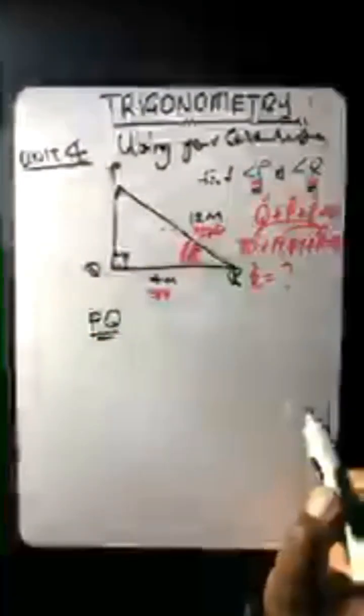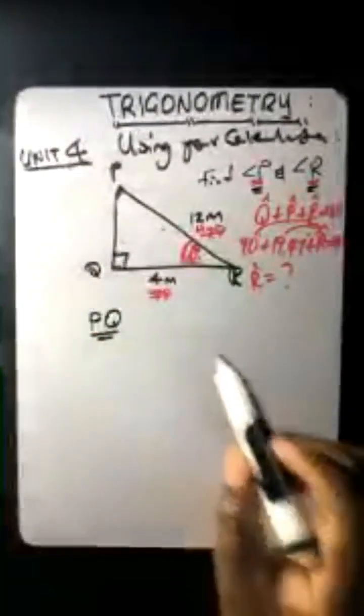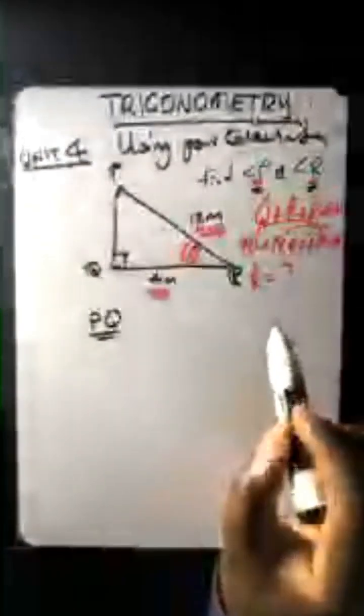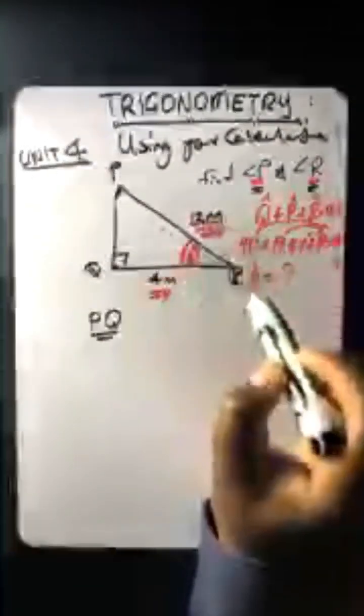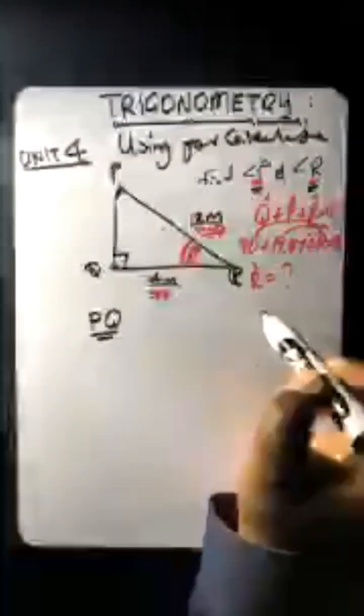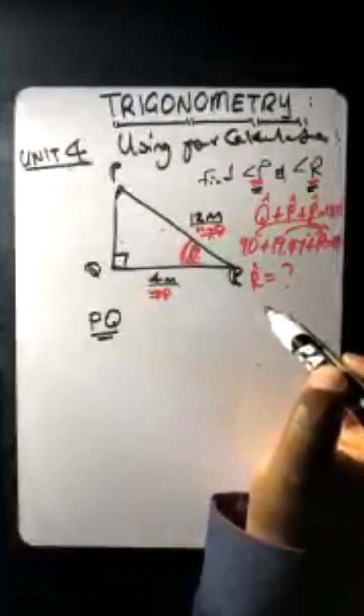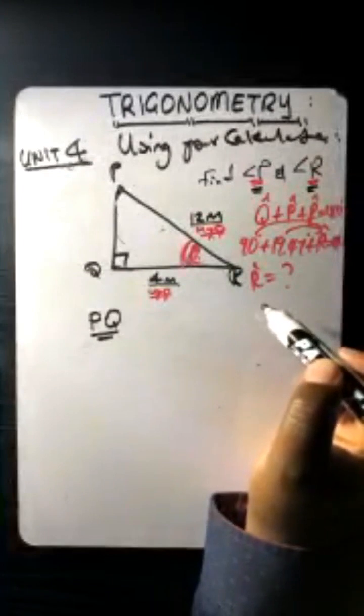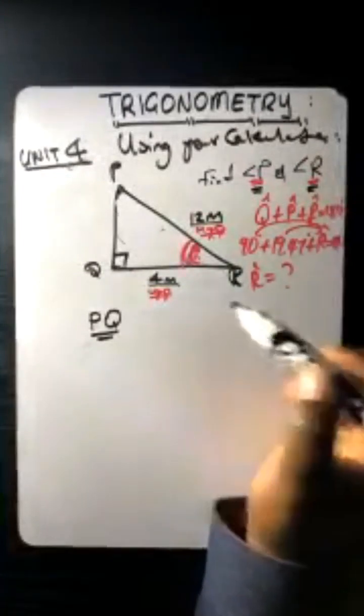I just added a question there to say if you want to calculate the side, you can use the theorem of Pythagoras because you have that and that. And again, you can use trigonometric ratios. You can either use cos or you can use sine. It all depends on the angle.